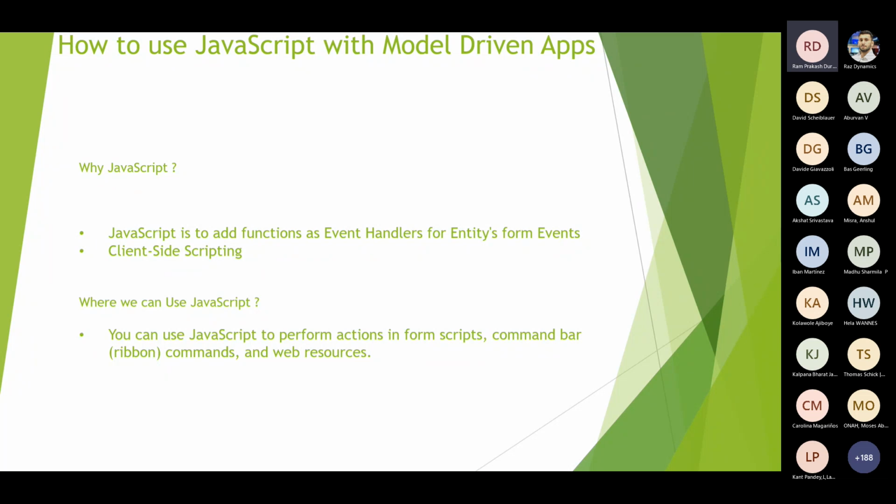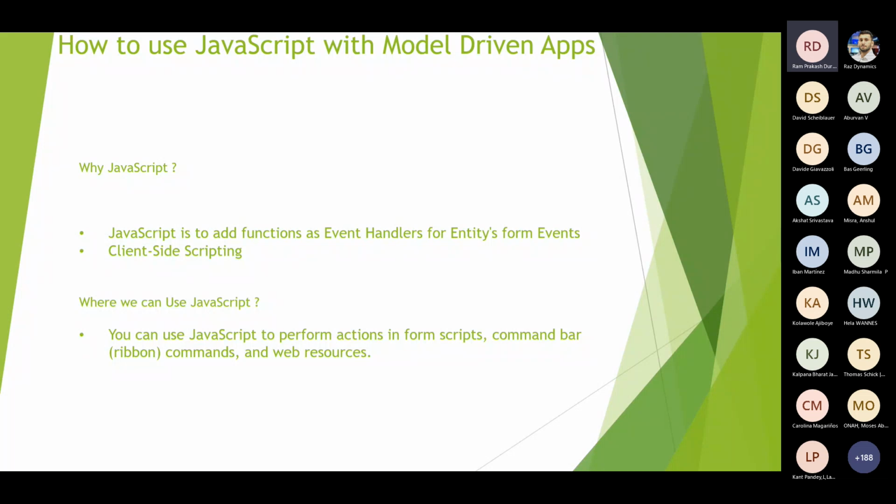But why do we use JavaScript? Suppose I have an account entity and an opportunity entity, which is a related entity. If I want to get some data from the related entities, we can't achieve that in a business rule. For such operations, we go with JavaScript calls.